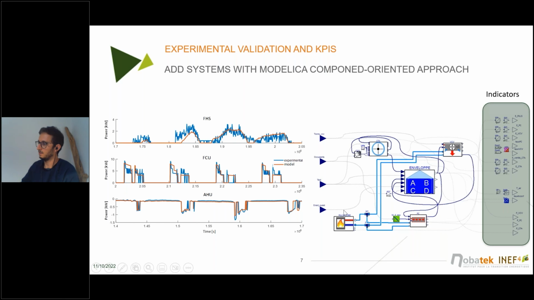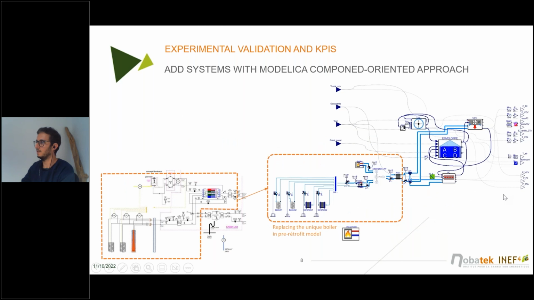Here the production of the heat is provided by the gas boiler. But the next step, as I mentioned at the beginning of the presentation, is to have the same model of the building and the system after retrofit, to make comparisons on the basis of the same KPIs. So I put here a screenshot of the model after retrofit. Here I only replaced the production part.